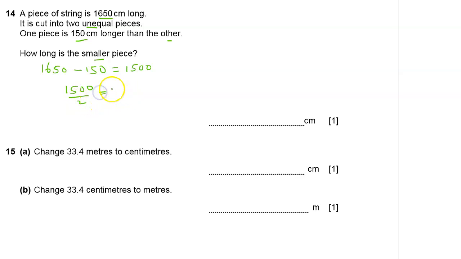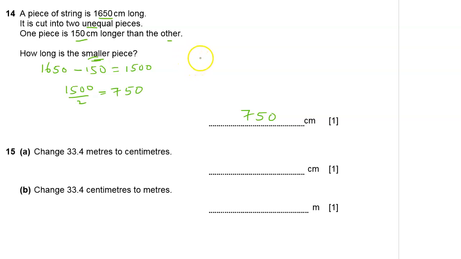This should give us 750. So the smallest piece will be 750 centimeters. You might be interested to know how long the longest piece is.